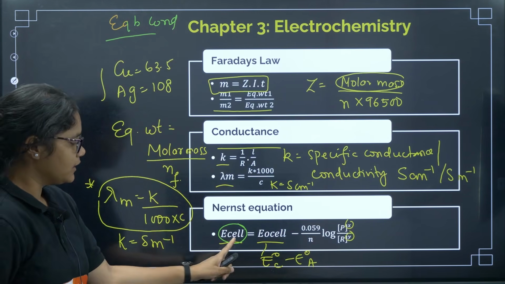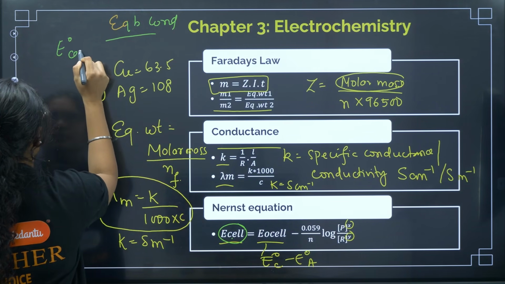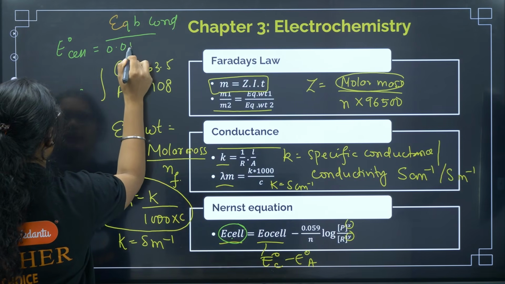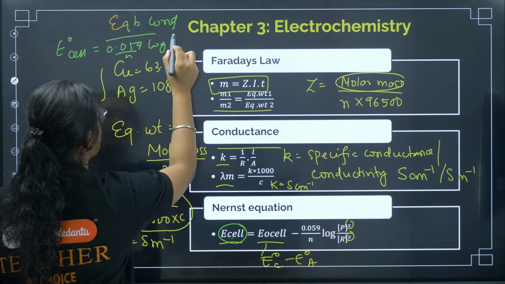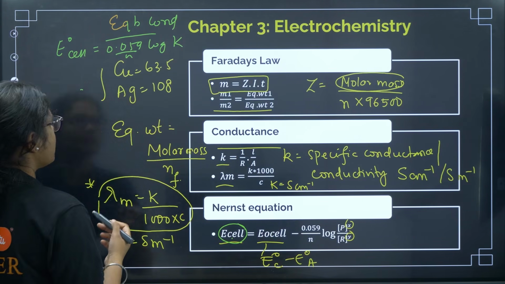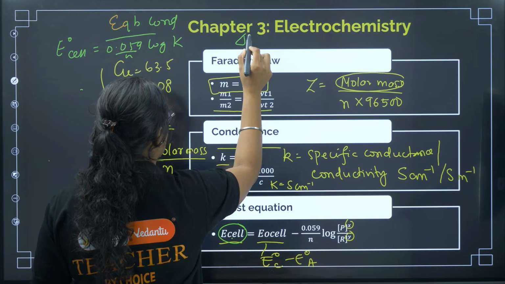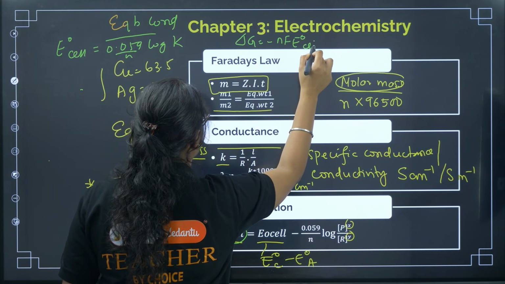At equilibrium, E of the cell is 0. So what I will get? E naught of the cell is equal to 0.059 by n log of, here this ratio will now be called the equilibrium constant. So that is log of K. And one more formula is there for delta G. Please write that one also. Delta G is equal to minus nF E naught of the cell.